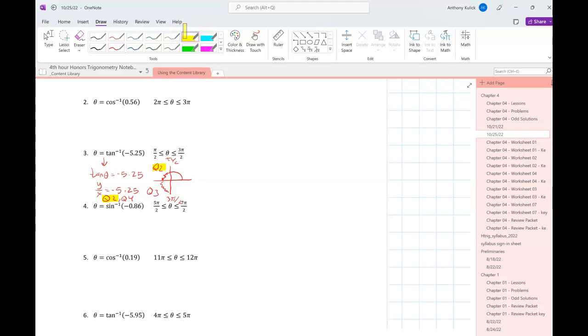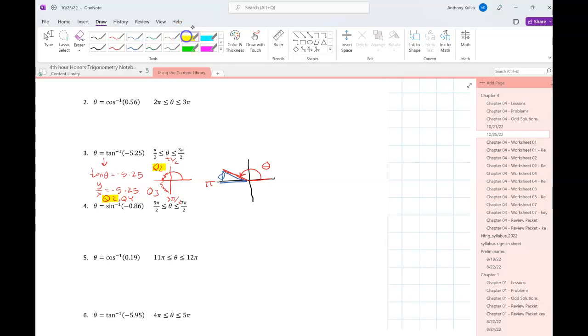So I know my answer lies somewhere in quadrant 2, since it's the place where both of them are true. So that's my theta. That spot is pi, and then I'm going to worry about that angle phi in between them.